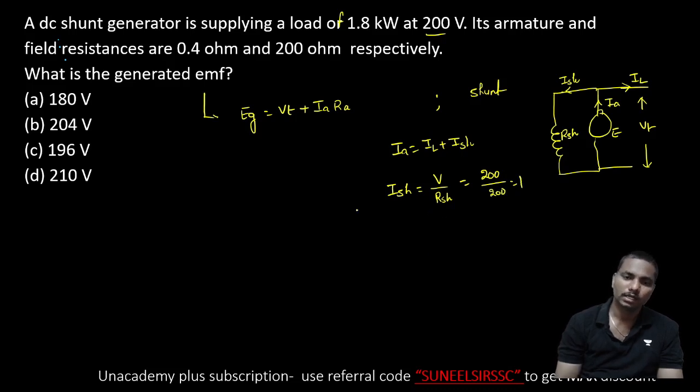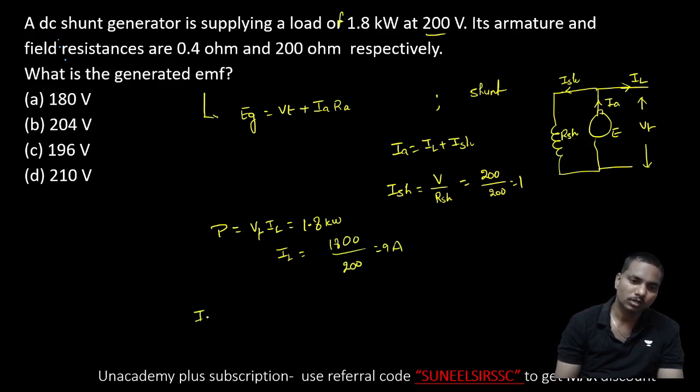And what is the IL? Here power is given as VT IL is equal to 1.8 kilowatt. So IL is equal to 1800 by VT, which is 200, that is equal to 9 amps. So total IA is equal to 9 plus 1, IL plus ISH, that is 10 amps.